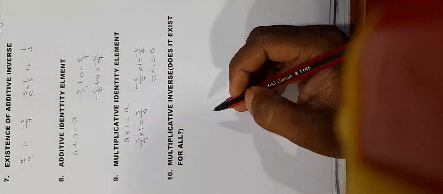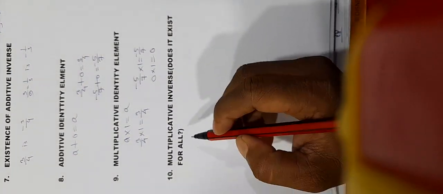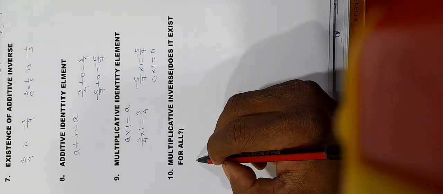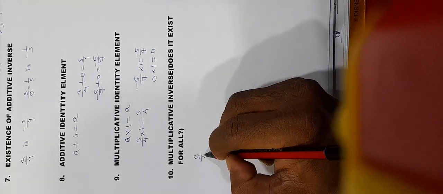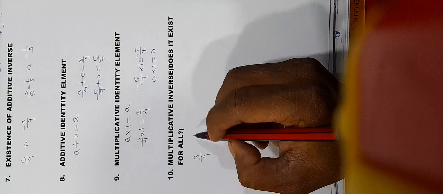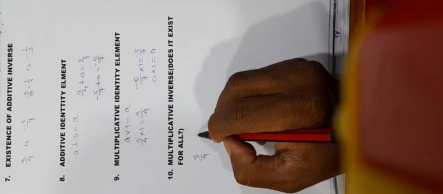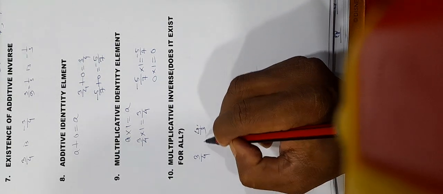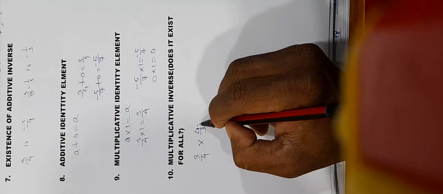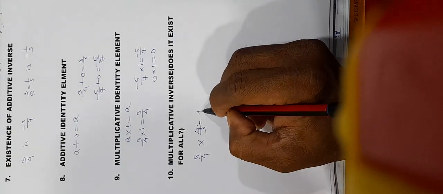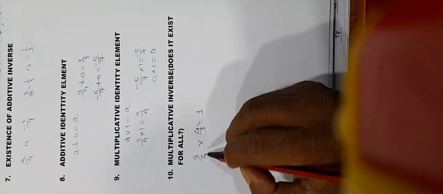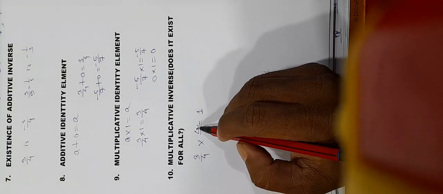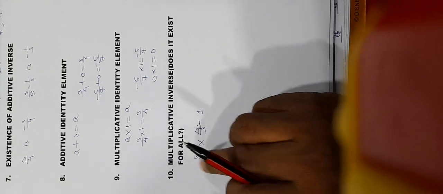Multiplicative inverse. Now think about rational number 3 by 4. Now there is another rational number 4 by 3, so that 3 by 4 into 4 by 3 equal to 1. Now 3 by 4 is called multiplicative inverse of 4 by 3. This is inverse of this.